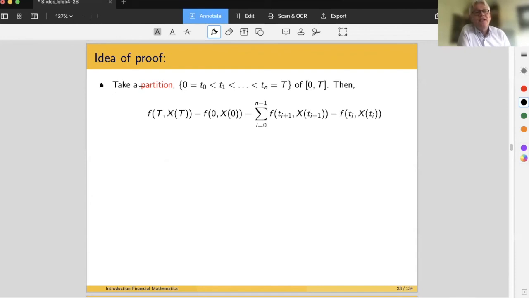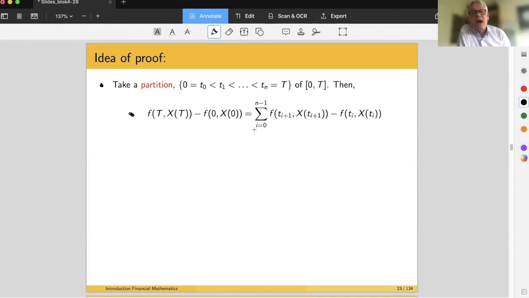We take a partition of our time interval 0 to capital T: t0 is 0, less than t1, less than t2, up to tn equal to T. And on each of these intervals, we look at the difference f(t, xt) minus f(0, x0), and we look at it as a telescoping sum again.